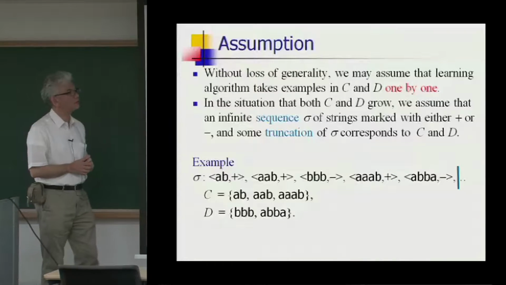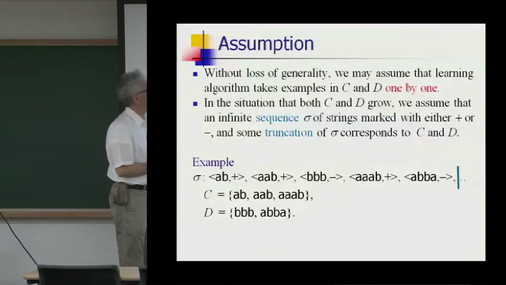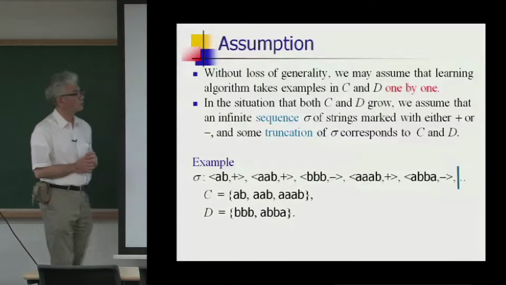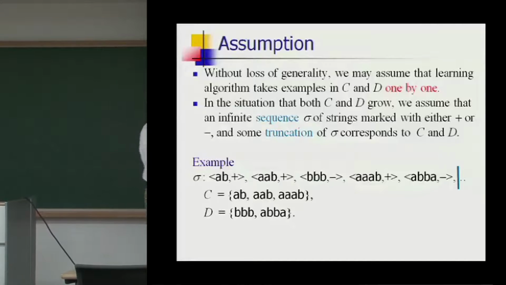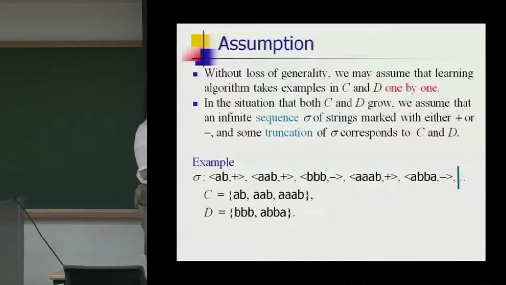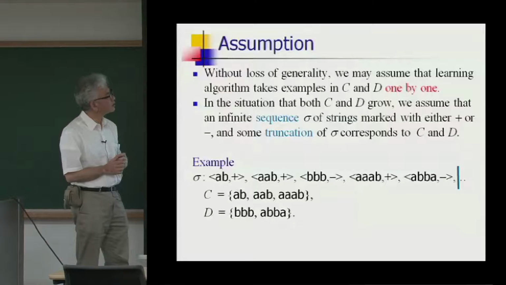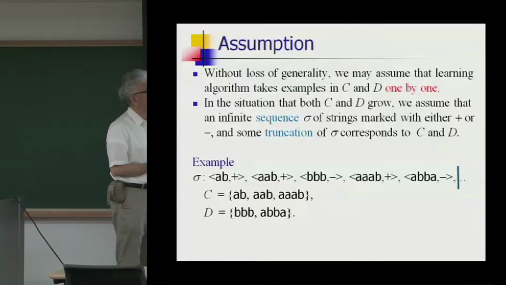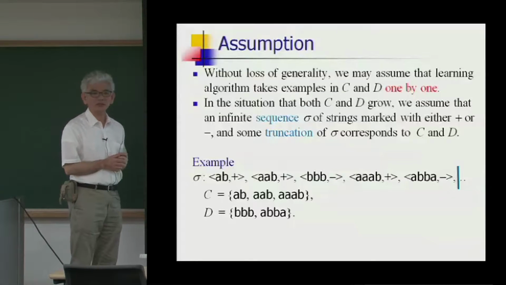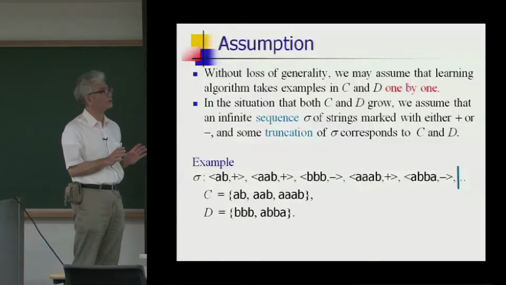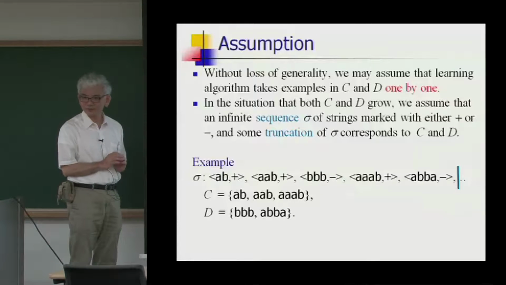And to give the mathematical definition, we first give some assumptions. At first, without loss of generality, we may assume that the learning algorithm takes examples in C and D one by one. This is a very natural algorithm when we write down a program of a learning algorithm.